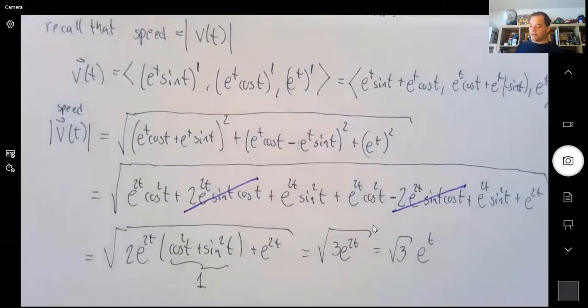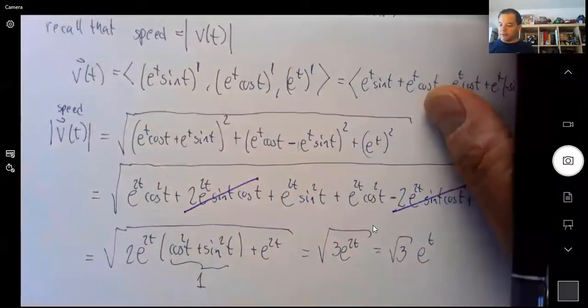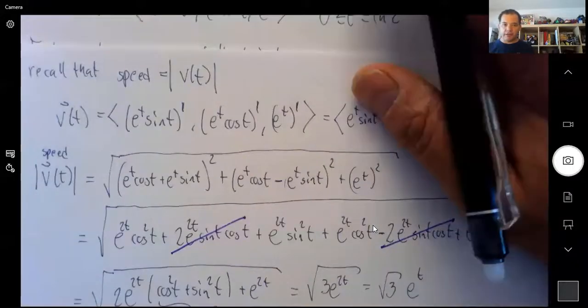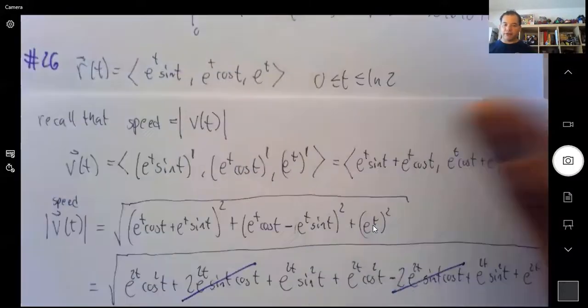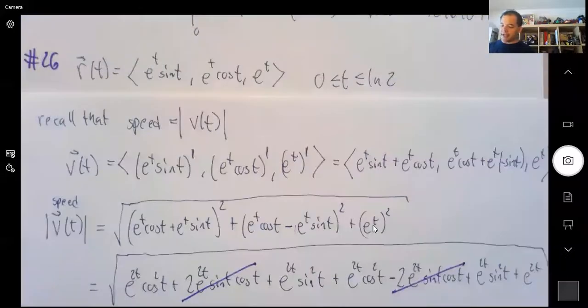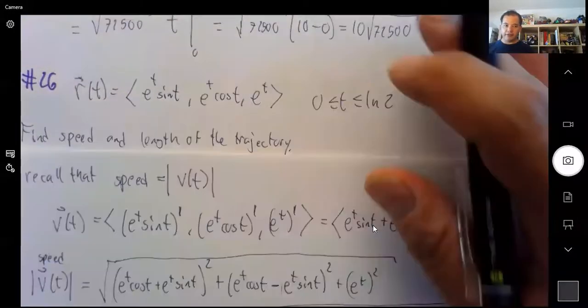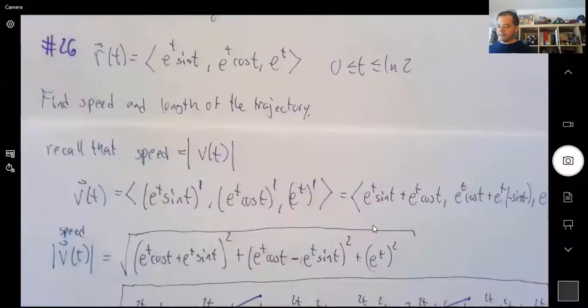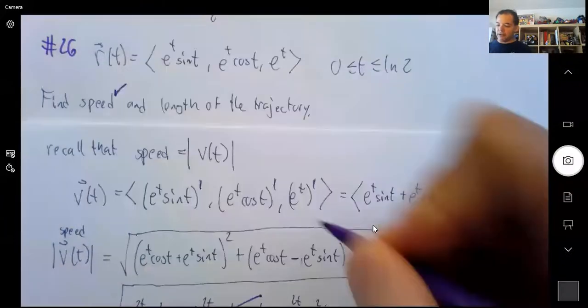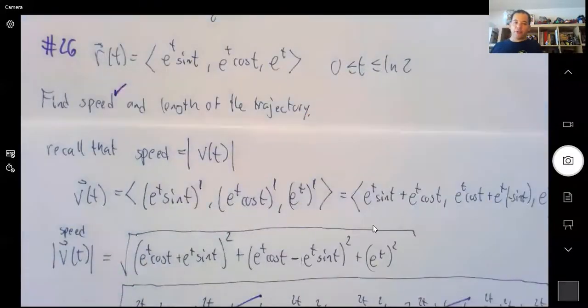The second part of the question, let's go back to where R is, right here, is to find out the length of the trajectory, right? So we're done with speed. And now the length of the trajectory, for that, we need to integrate.